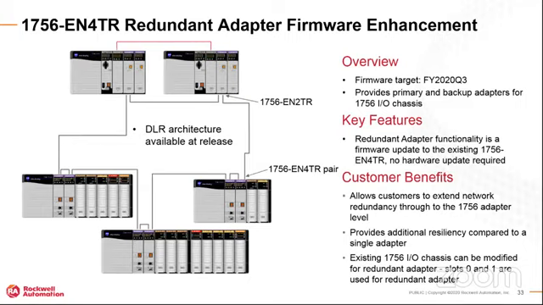And the latest firmware that we're going to be seeing in the summer time frame is also the ability to do redundant adapters. So from an adapter point of view, this is no single point of failure. We can add two Ethernet adapter cards into these remote chassis and do either parallel redundancy or DLR, and it would be handled via code.